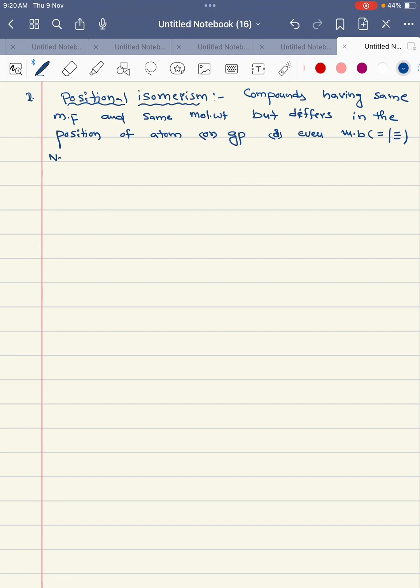And what is the note here? Like in chain isomerism, I said the skeleton number must be different for chain isomers.